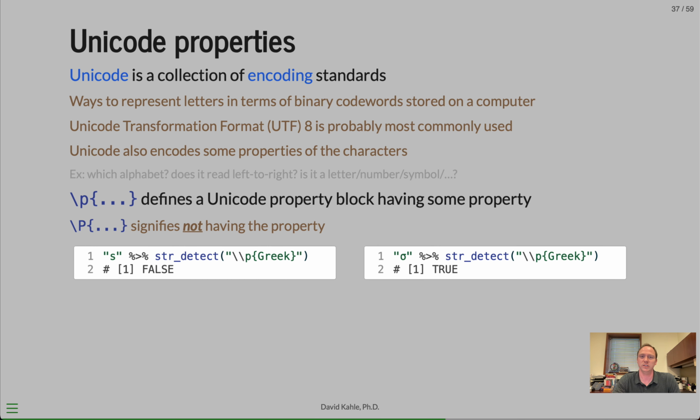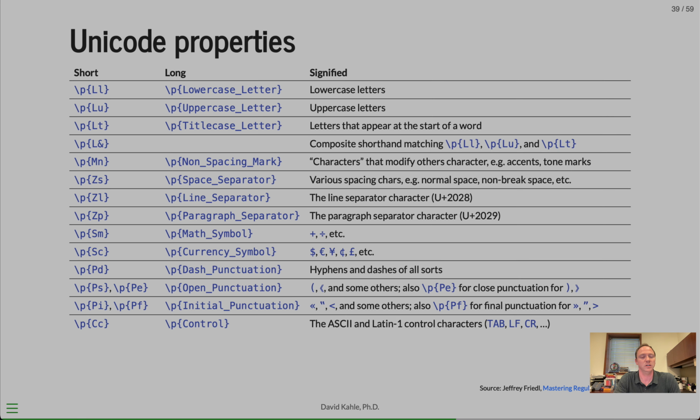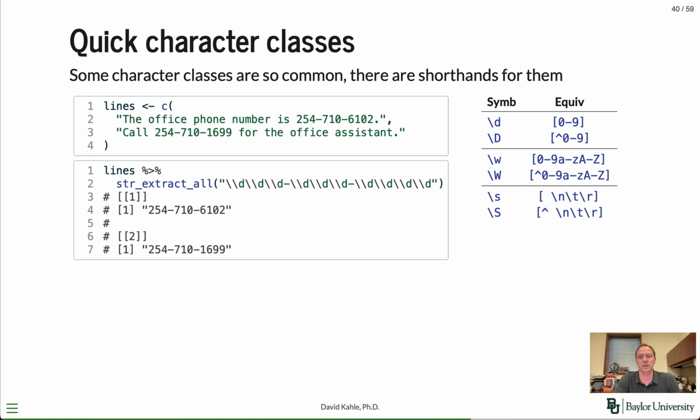I'm not going to go into this any further. I'll just say that the Unicode system is quite a bit richer than the regular system. You're usually dealing with characters that are encoded in Unicode, and so you can pull out or extract, or just generally refer to in regular expressions, different properties of characters using their Unicode properties. I'll put tables here that you can reference a little bit later. Obviously, these are quite detailed if you want to refer to them, and those are the Unicode properties.